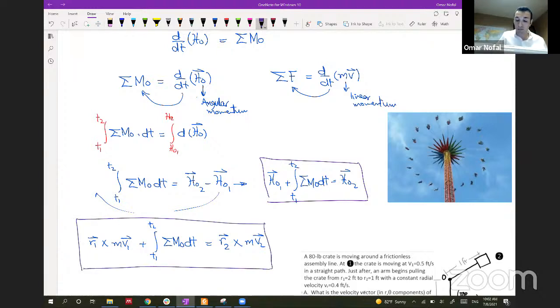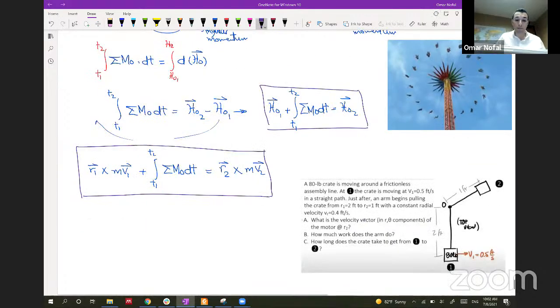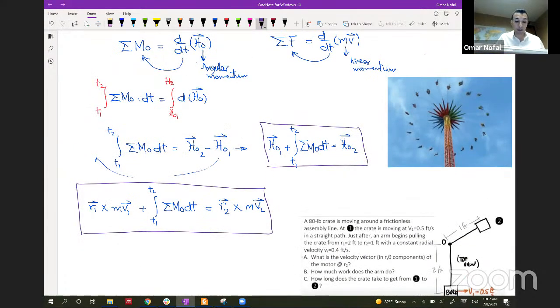So this is the main equation that we need to use for the angular impulse and angular momentum. The term that has the impulse is this term, so this is the angular impulse. It's similar to the force before: we had the sum of forces times dt, and it was linear impulse.